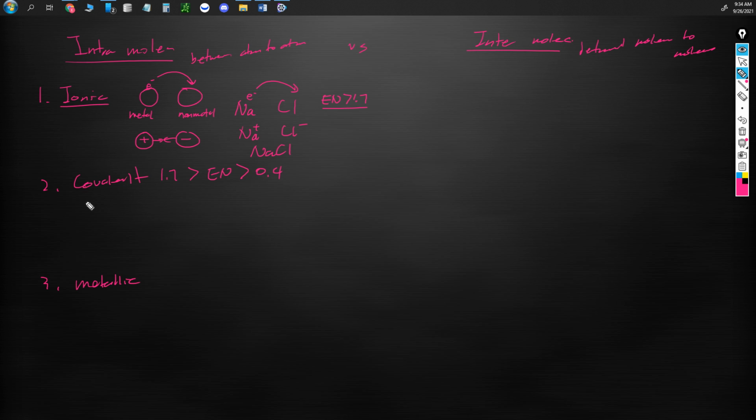The covalent bond actually has two categories. One is polar covalent, and there's nonpolar. This range is for polar covalent, and for nonpolar, anything with electronegativity difference less than 0.4 is going to be nonpolar covalent.